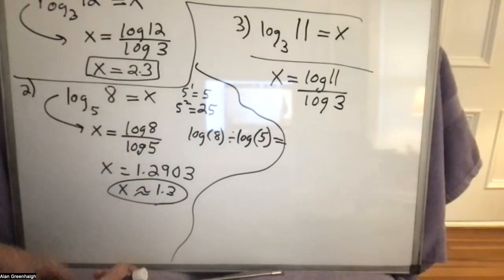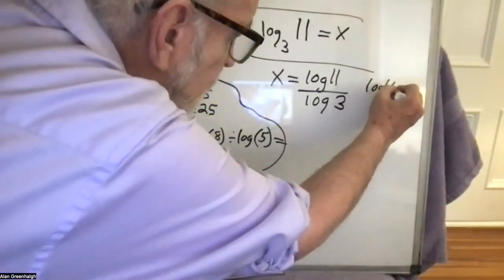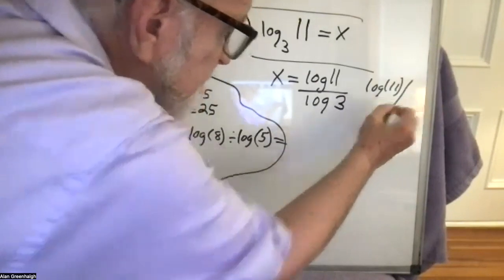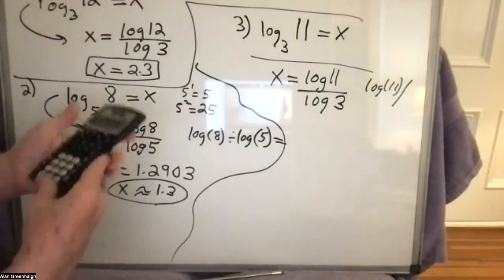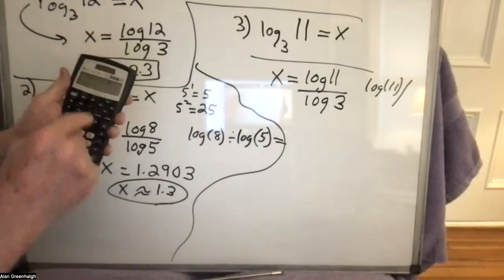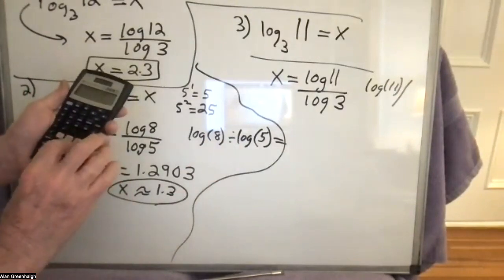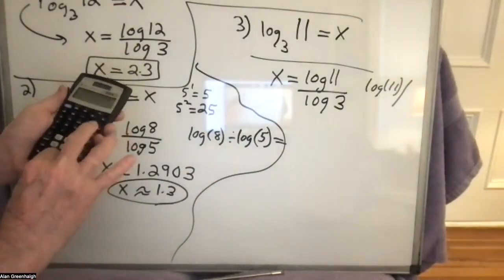The readout is going to be log of 11 and then this. So it's not a division symbol like on the keyboard, so to speak. But on the actual display, it's going to be a slanty line divided by the log of 3.